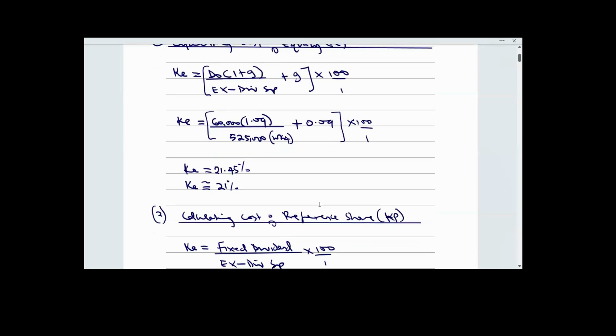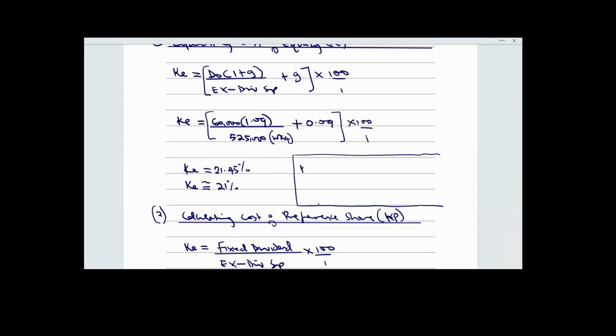All right. Say, for example, if I want to use par value to calculate cost of equity, this is what I would do. It's the same formula. So I will just go ahead and calculate dividend per share.